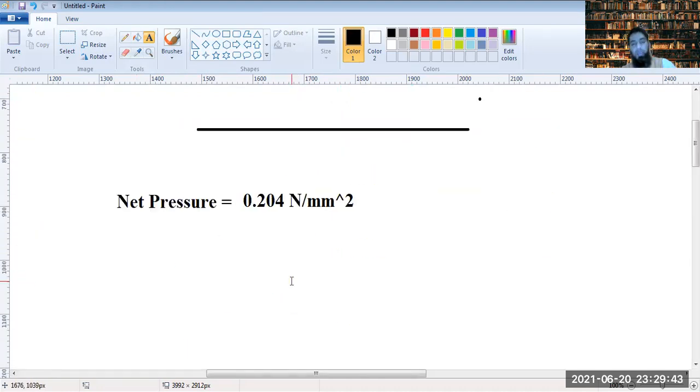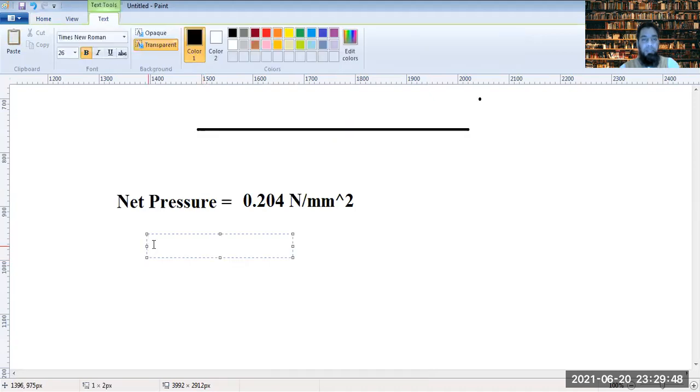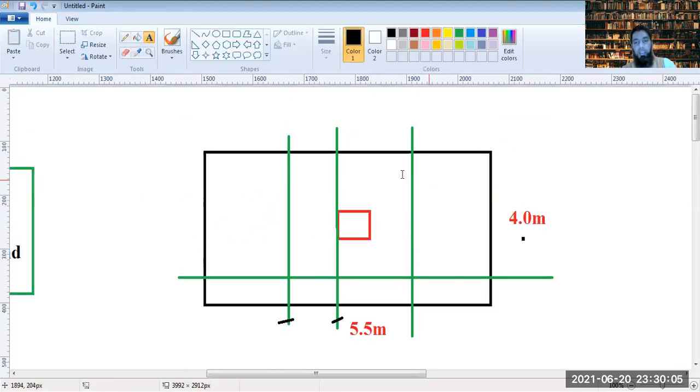For that, I have to multiply it by the width. So the ultimate shear Vu would be 0.204 Newton per mm square, cross how many mm is this in the shorter direction?